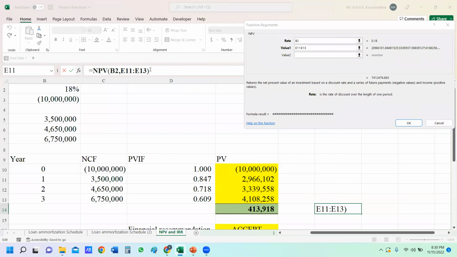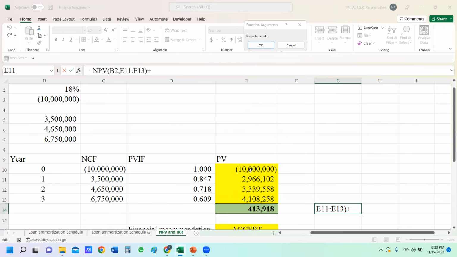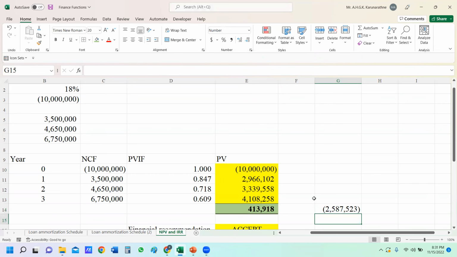Come here, in this address bar, the function bar, and incorporate your initial investment. Because the investment is a negative figure, we can add the 10 million, then press enter.